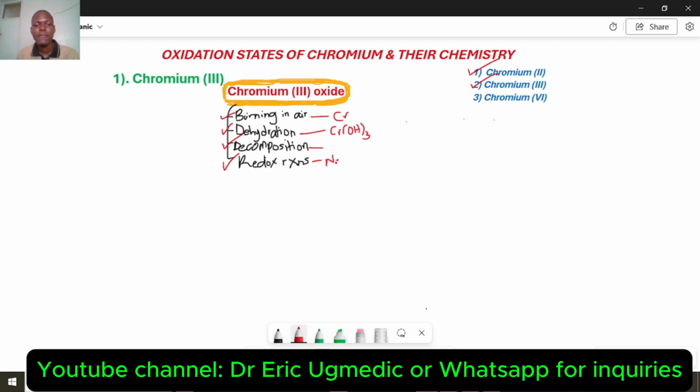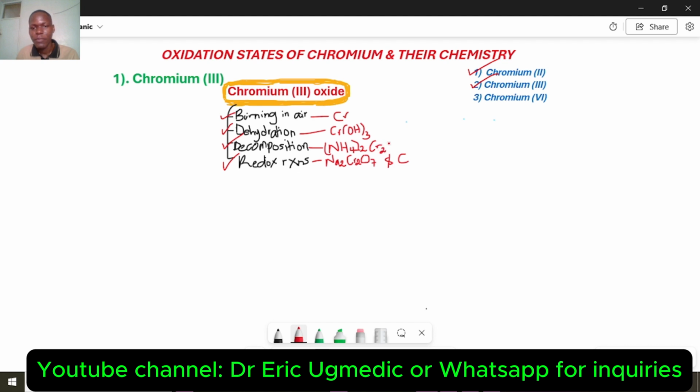So here we can have sodium dichromate and carbon. Dichromate, we are going to see it under chromium 6 mainly. That's when we shall appreciate it more. And carbon. Then here we are going to see ammonium dichromate.